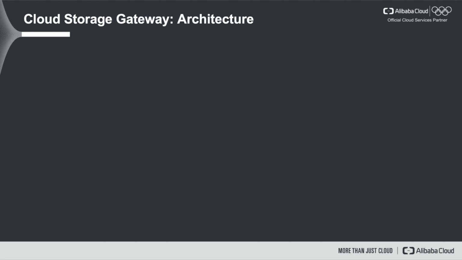At the beginning, we will discuss the architecture of the Cloud Storage Gateway. In simple words, Cloud Storage Gateway is a product which allows us to connect Alibaba Cloud storage resources, Object Storage Service, OSS, to either on-premises data center or environment or into the cloud environment.